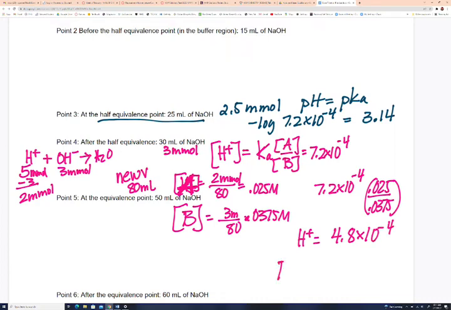And then we take the pH is equal to the negative log. So then our pH for this is 0.32.